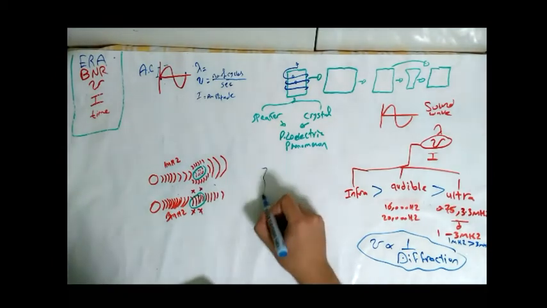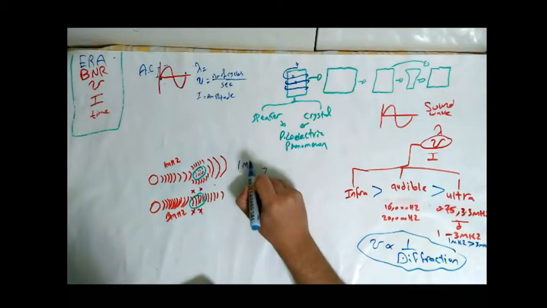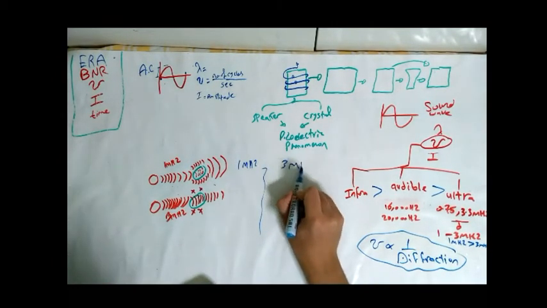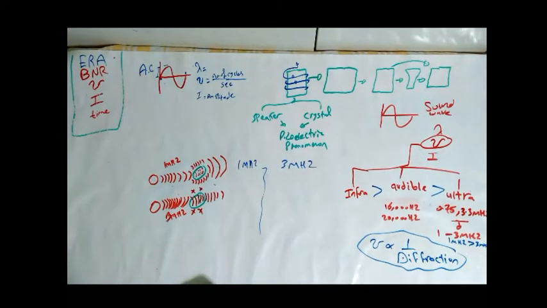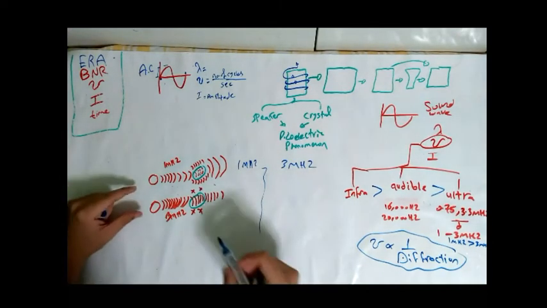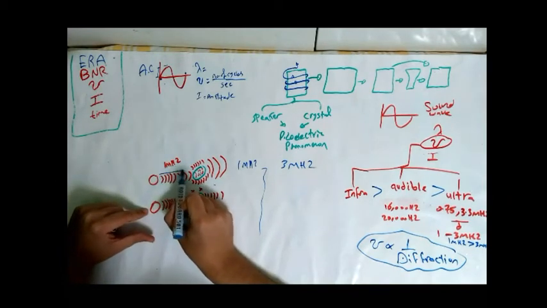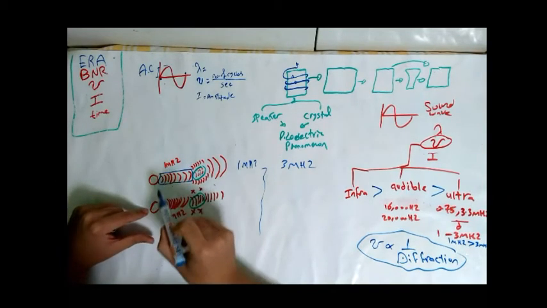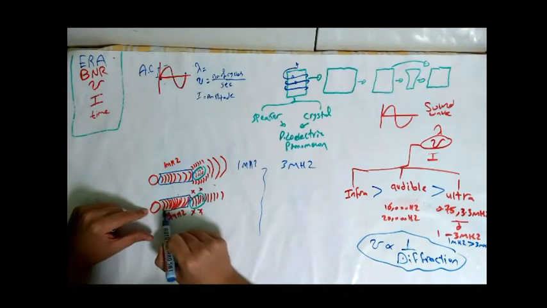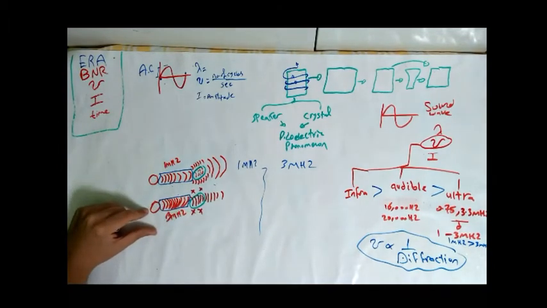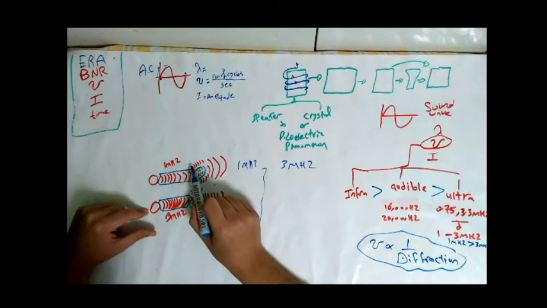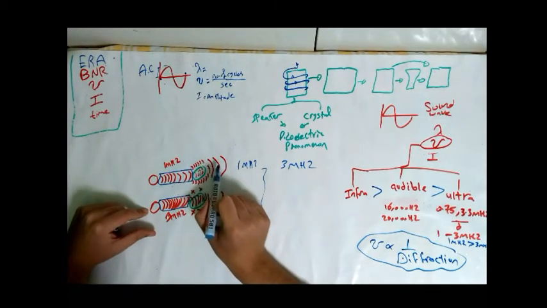If I want to compare between 1 megahertz and 3 megahertz, the comparison will be like this. Although the transducers produced collimated waves of 1 megahertz and 3 megahertz, the ability of 1 megahertz to diverge around the obstacles makes it increase its size after passing around the obstacles.